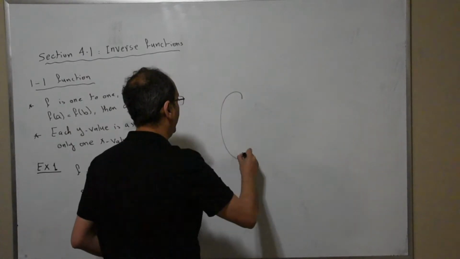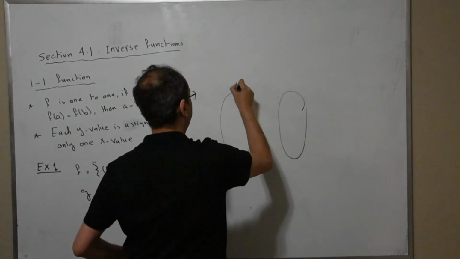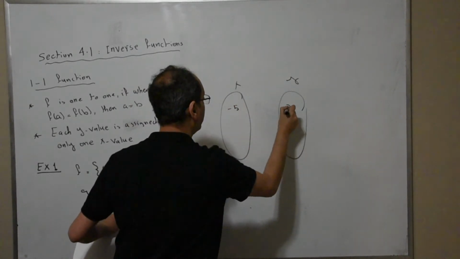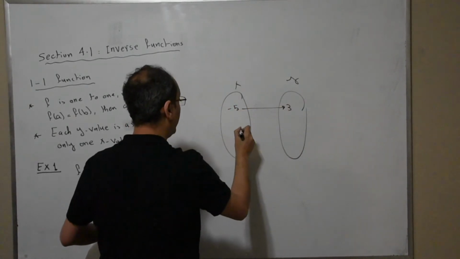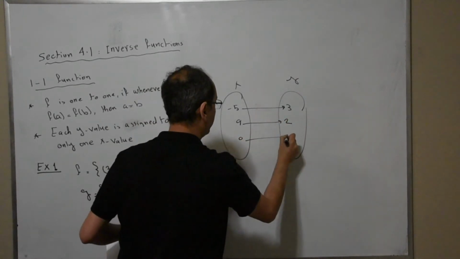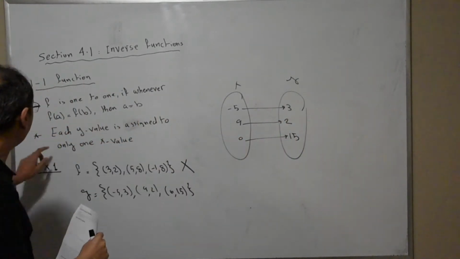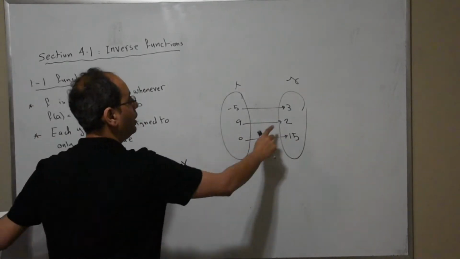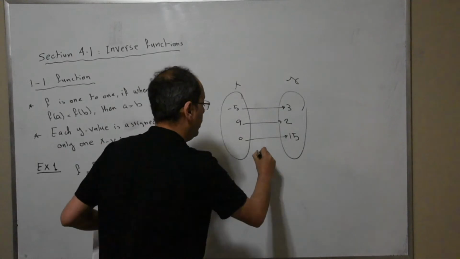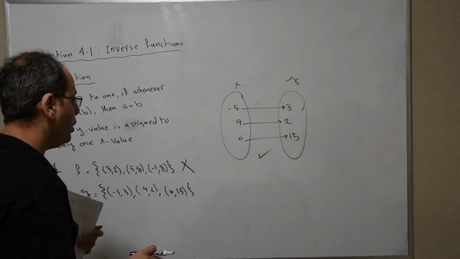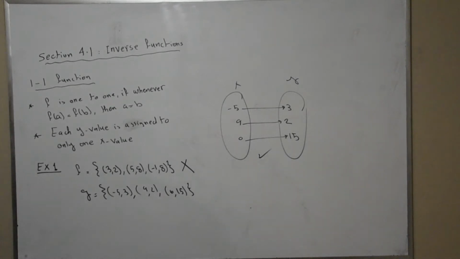Again, I'm going to make x and y. I have negative 5 assigned to 3, 9 assigned to 2, and 0 assigned to 15. So based on that, each y value is assigned to only one x value. Therefore, this is one-to-one.